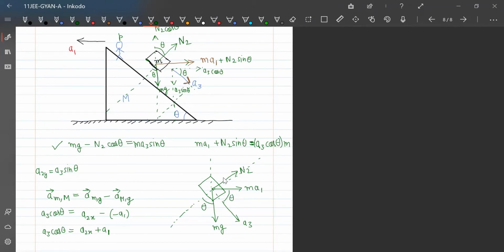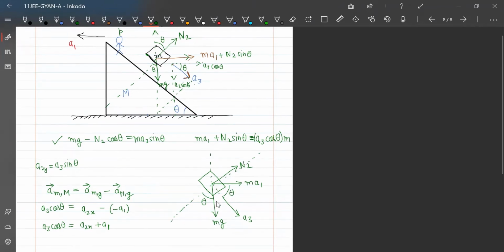So इस direction में कोई भी acceleration नहीं है. So this is n2. So ma1's component इधर लेंगे. That will become ma1 sin theta. And mg component इधर लेंगे. So it will come as mg cos theta.